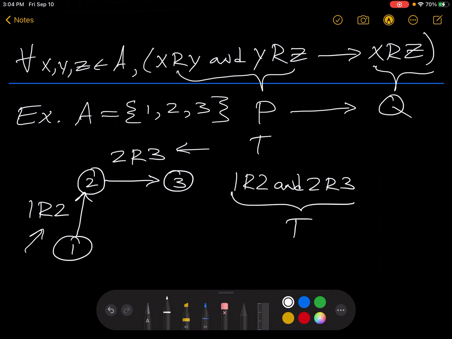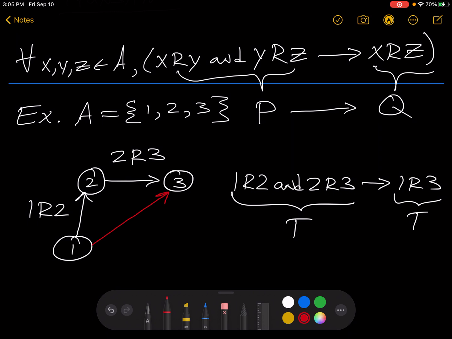So for that to be true, we have to have Q true. So in this case, our Q is 1R3. So we need that to be true. To make that true, we need to add an edge from 1 to 3. And I'll draw that in red.